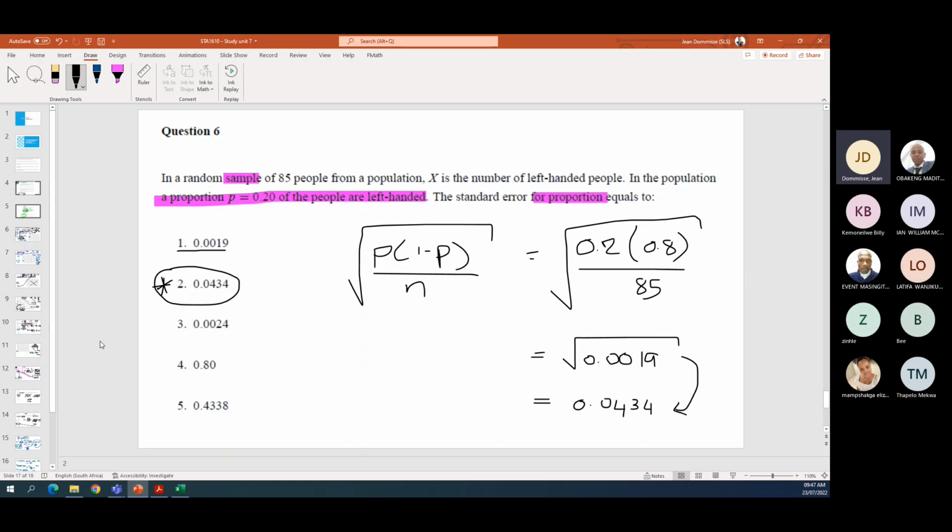I just tried to follow nearly the same steps in both study unit 6 and 7, and again I like to repeat this because it's so important: you calculate the Z, and you use that Z to work out the proportion or the probability.